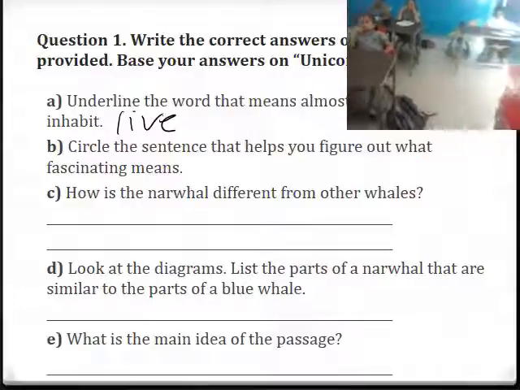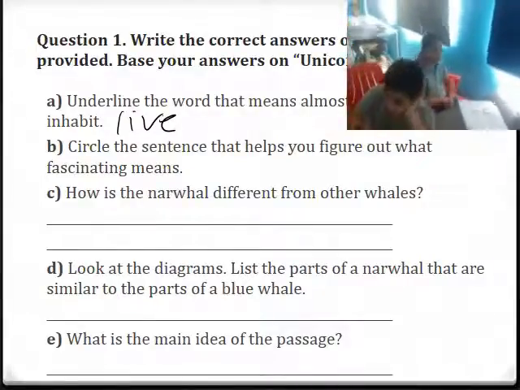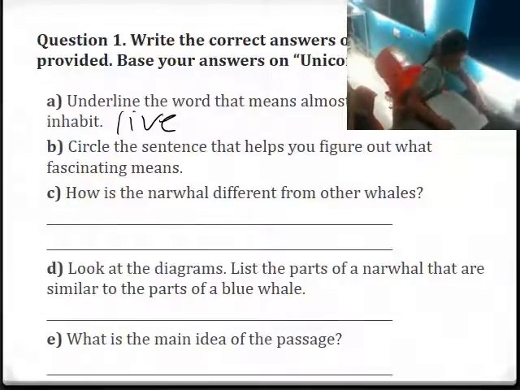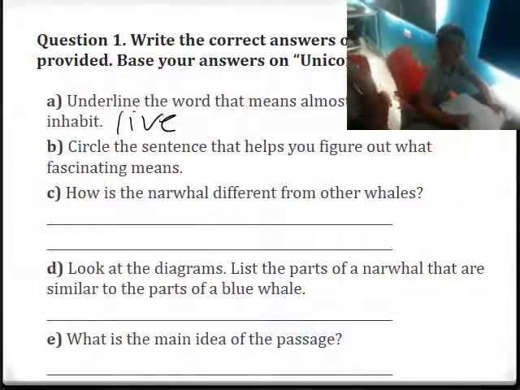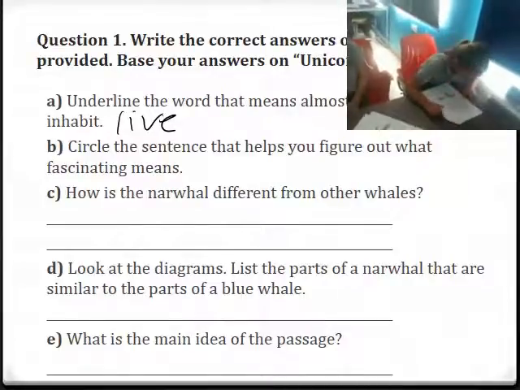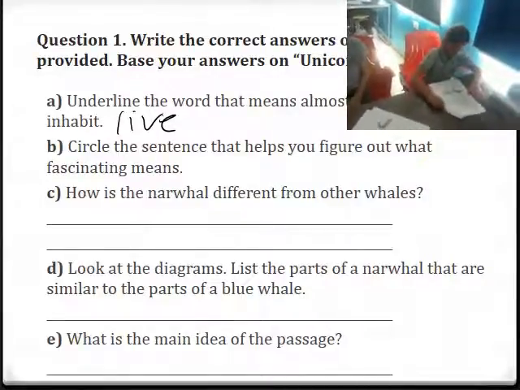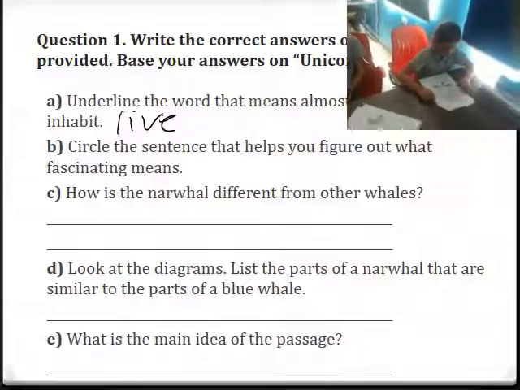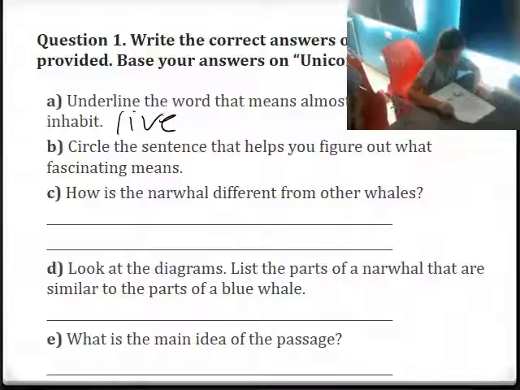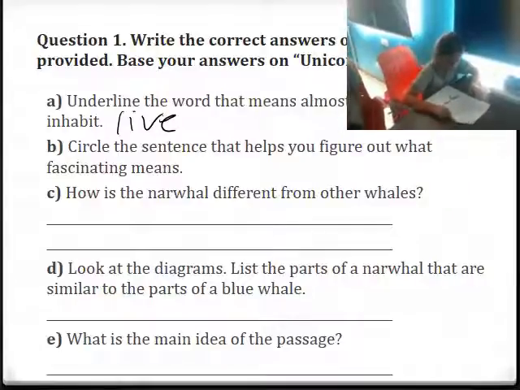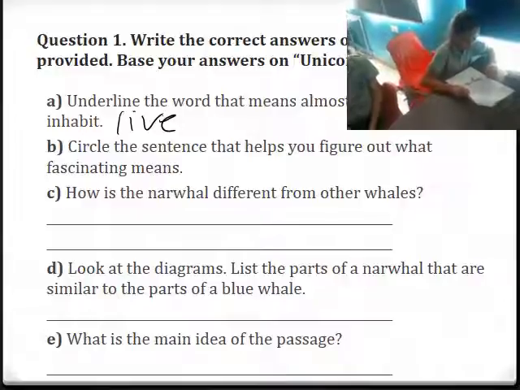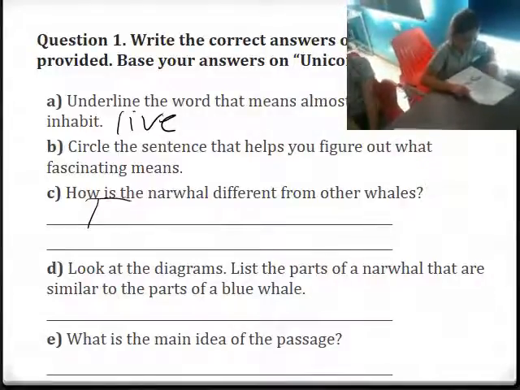Okay. Next question, Alma. How is the narwhal different from other whales? Can you explain to us? The narwhal has teeth, but unlike the toothed whale, its teeth are not inside its mouth.